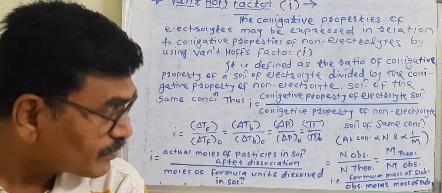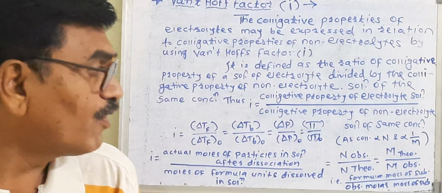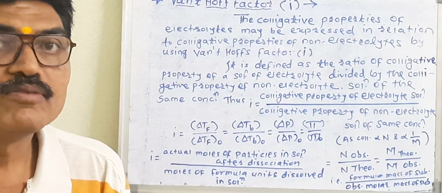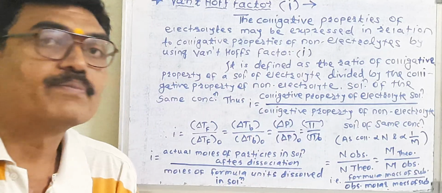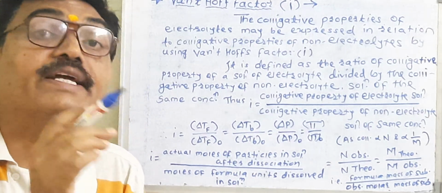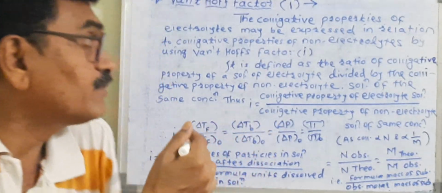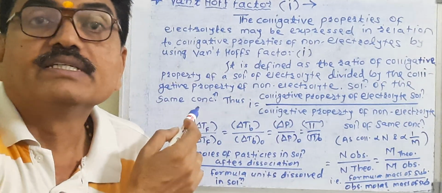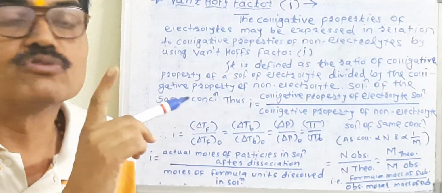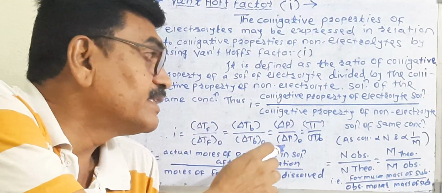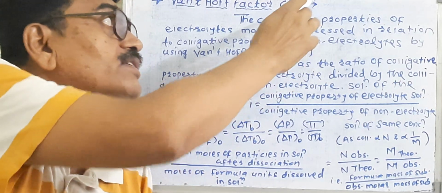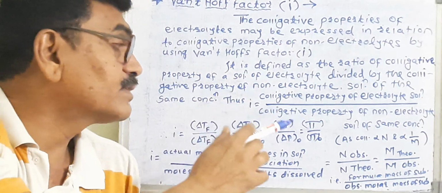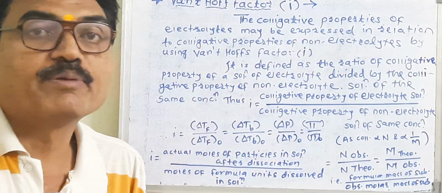Okay, now for the solutions of non-electrolytes, let us consider urea or sugar. For the solutions of non-electrolytes, this Vant Hoff's factor i is equal to 1. That is, the number of particles dissolved is the same, and the number of particles after the experiment and before the experiment are the same.